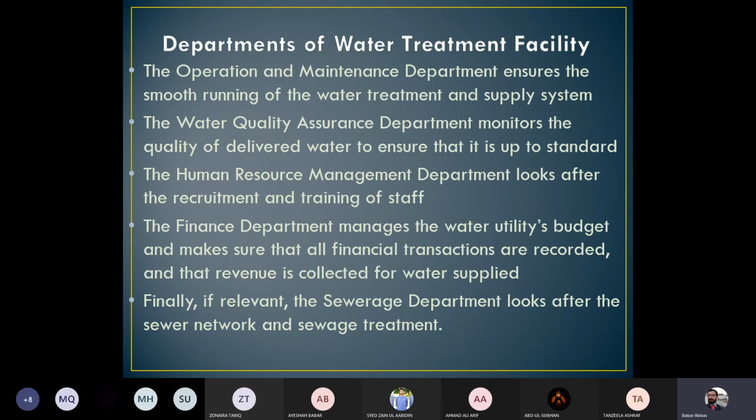The operation and maintenance department ensures the smooth running of the water treatment and supply system. This is the basic task of the environmental engineer, who must operate the treatment plant and optimize the processes being conducted in terms of coagulation, flocculation, sedimentation, filtration, followed by disinfection and storage.